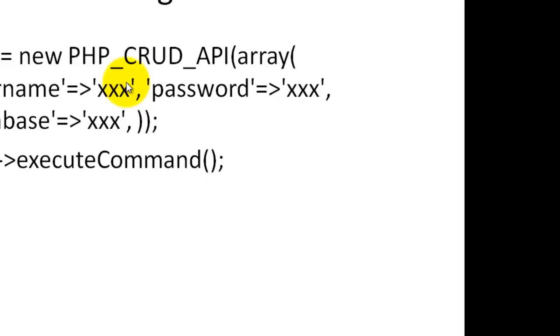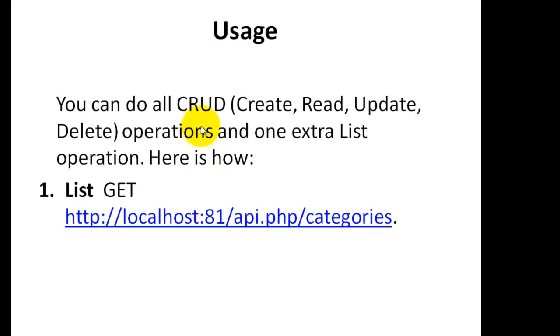It will turn our database table categories into a RESTful API, so we can do all the CRUD operations and one extra list operation. Here is how. Number one, list. Let us use the GET method and retrieve all the categories inside our table.